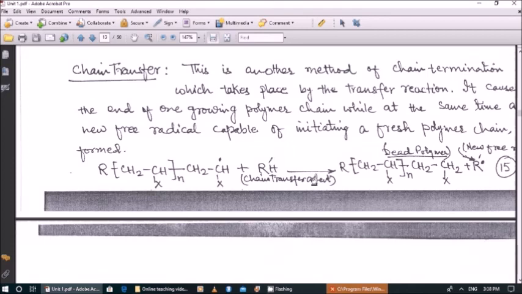Here R-H is my chain transfer agent, and this compound is capable of donating one hydrogen atom to my growing chain. When this hydrogen atom is donated, the growing chain becomes dead because its reactive site ends up unable to react with the polymer, and a new free radical is generated. So here the new free radical is R dot.